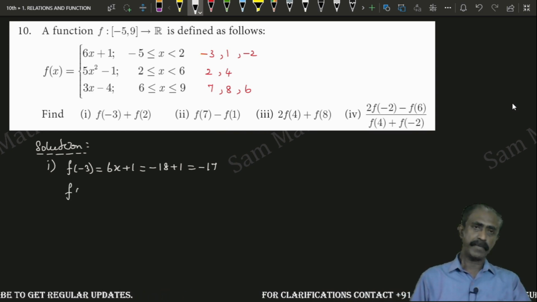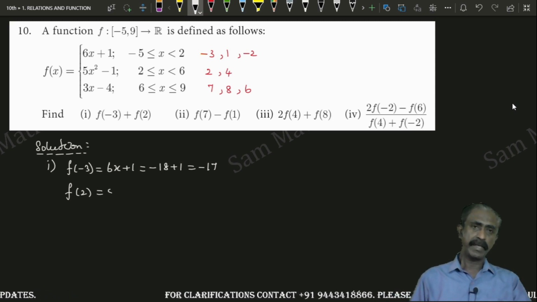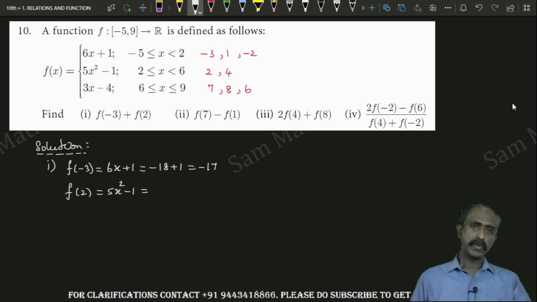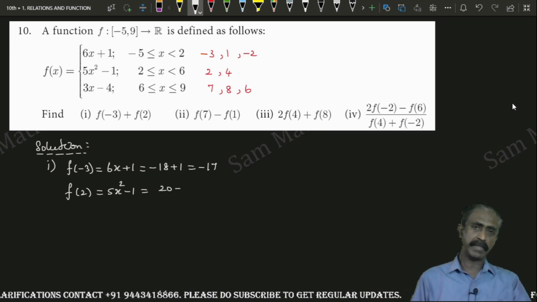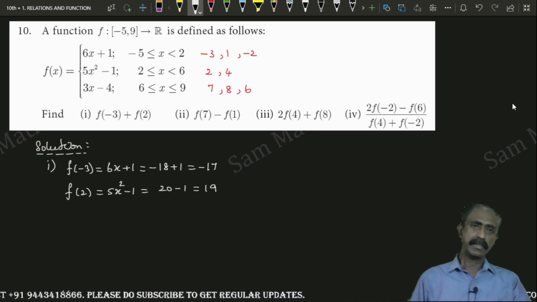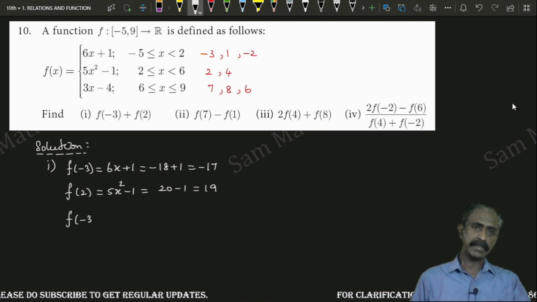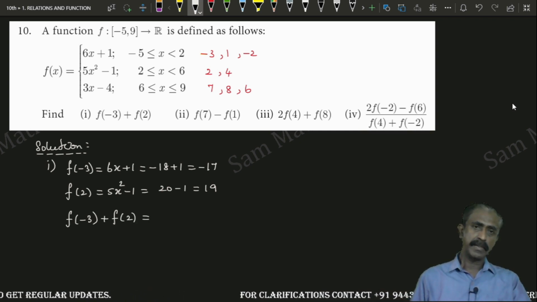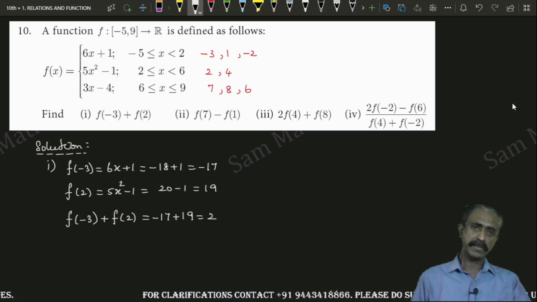Next I need f of 2, which is equal to 5x square minus 1. 2 square is 4. 4 into 5 is 20, minus 1 equal to 19. Next, we have to add these two quantities, f of minus 3 plus f of 2 equal to minus 17 plus 19 equal to plus 2.